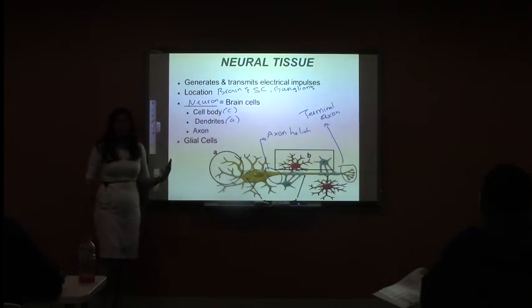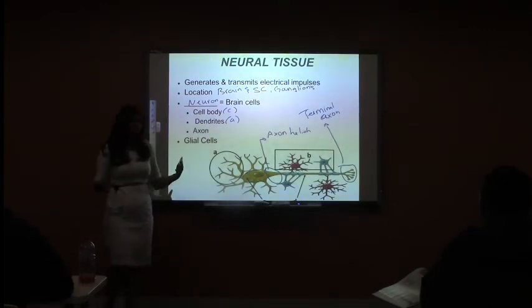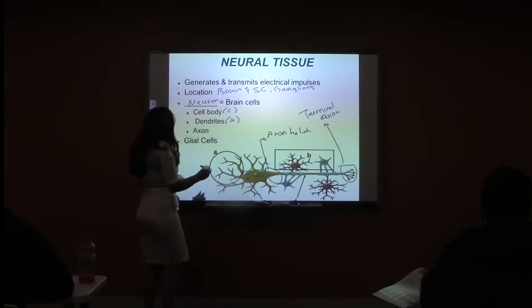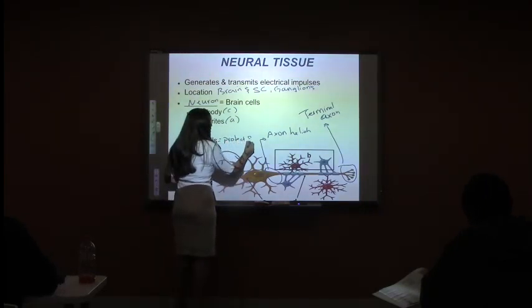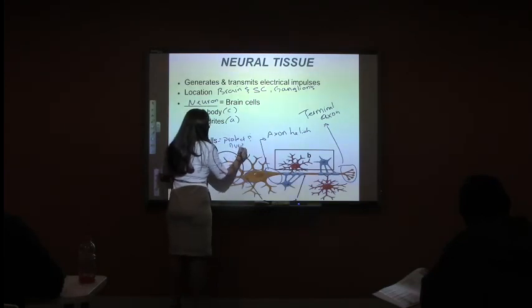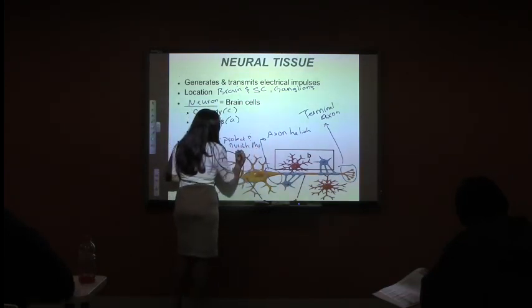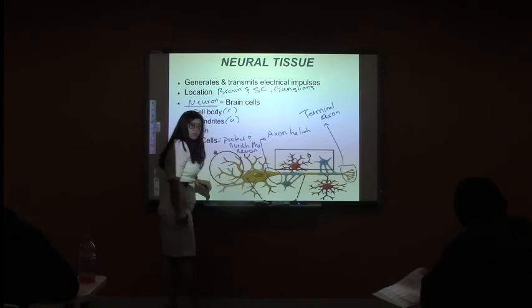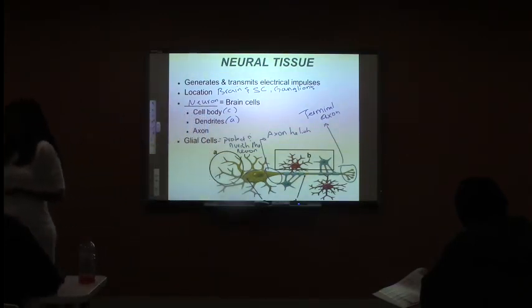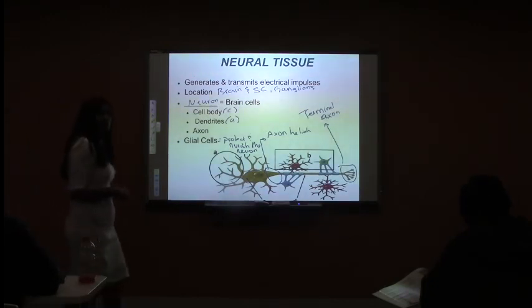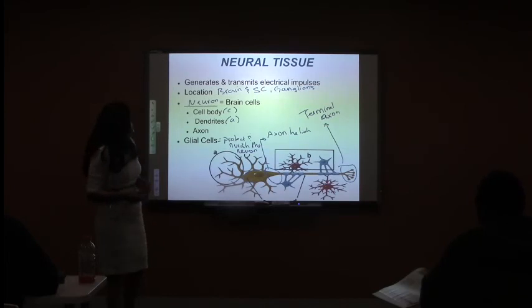There are multiple different types, and when we go into the nervous system, I'll tell you. But right now, their main function is to protect and nourish the neuron. Make sense? So glial cells protect and nourish the neuron. And when we talk about the nervous system, I'll tell you the different types and their function in detail.